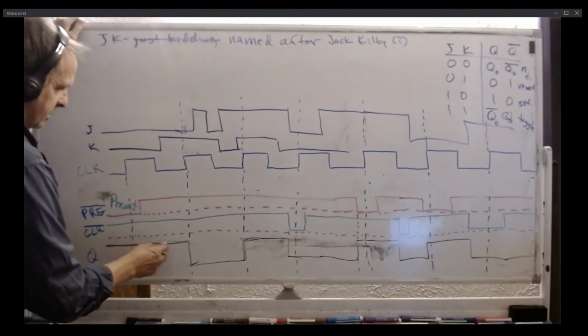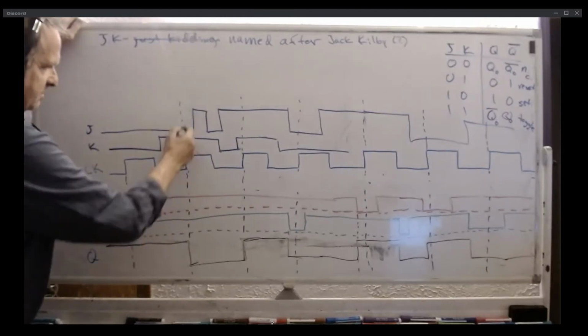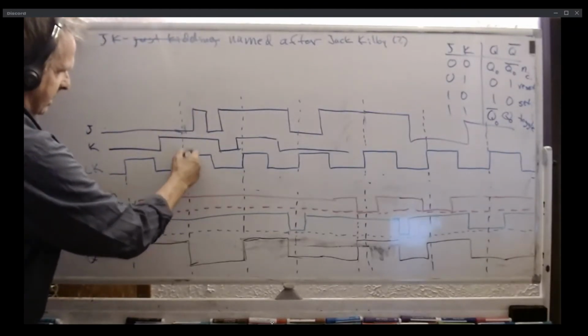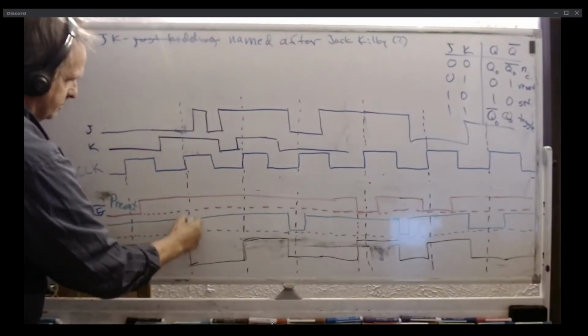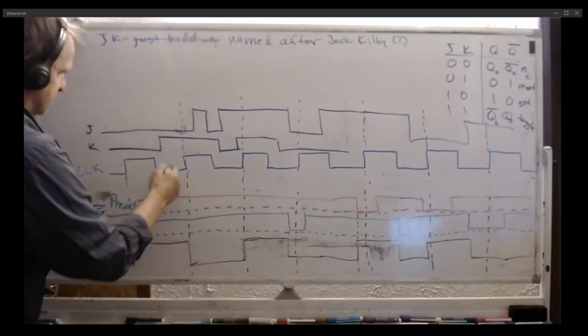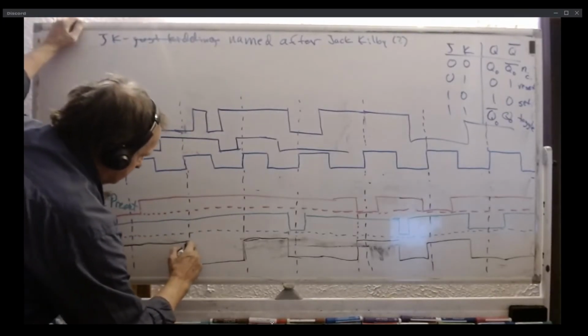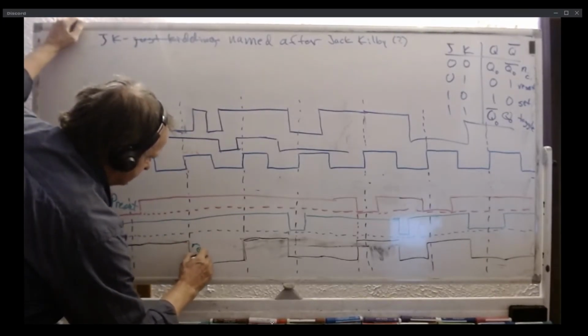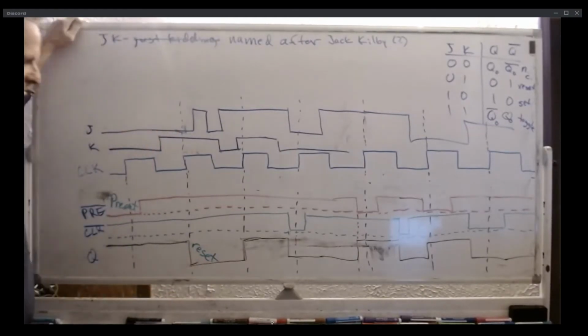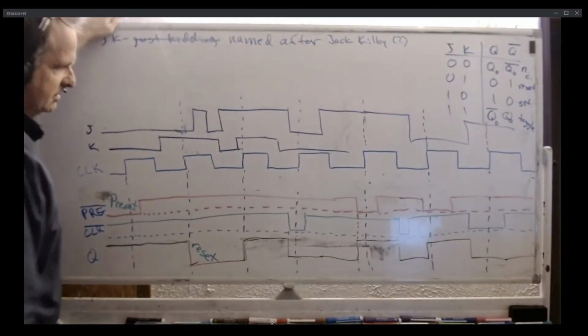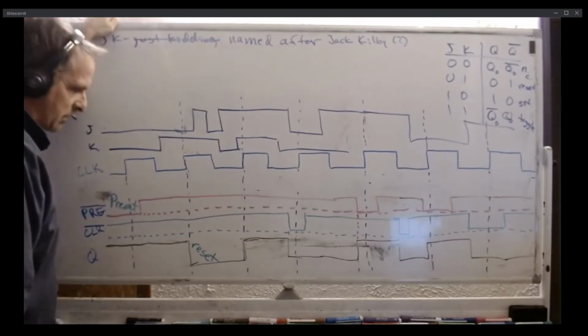Then they're both inactive, so now we look at J and K. J is low, K is high. This is reset. Oh, I see, that makes sense because you're looking at your table. Yep.